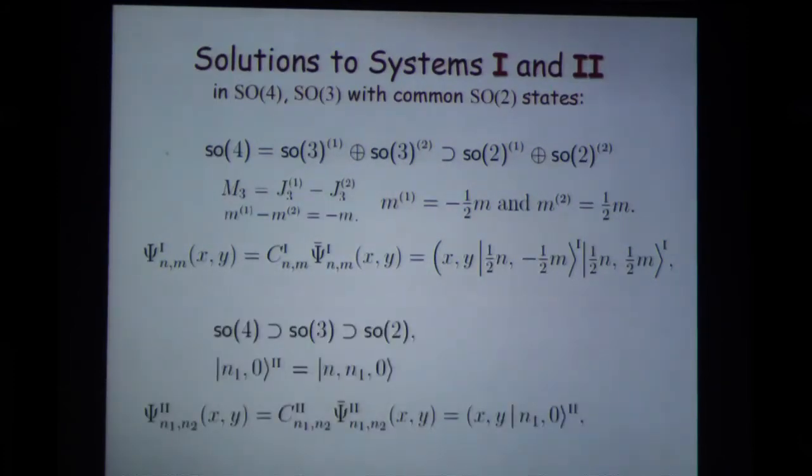On the other hand, you have this chain, and so the eigenstates of system 2 will have n and n1 that you can rearrange as n1 and n2, a normalization, the previous solution, and then this pseudo basis with n1 in the second system.